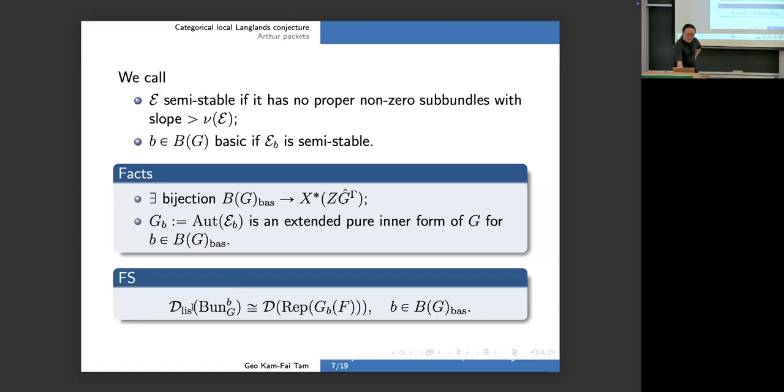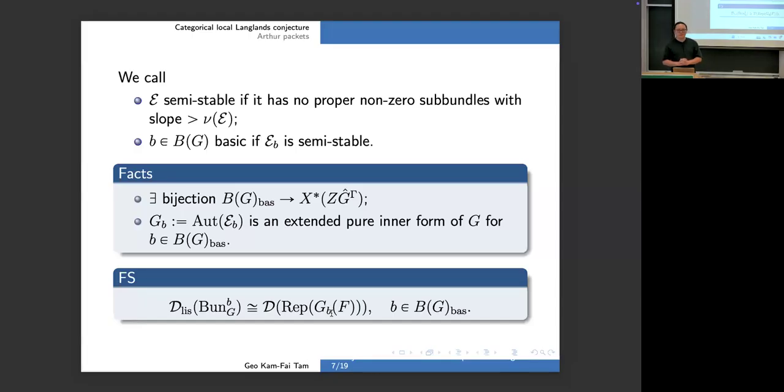There's a statement saying that if you look at sheaves supported on the b stratum of Bun_G, this category is equivalent to the representation category of the pure inner form G_b(F). So in this way, I relate this Bun_G thing to representation theory of p-adic reductive groups.